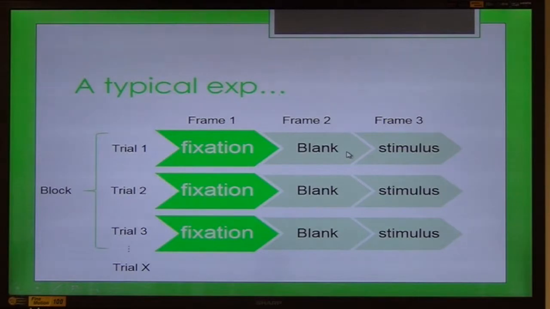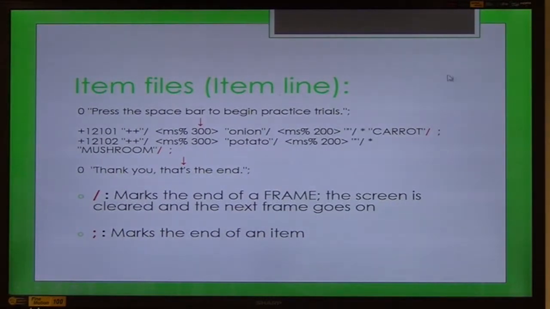In your item 9, you are going to write each of these trials and each of these frames yourself. So for example, let's take a look at these two lines. And you can see a slash here, and this symbol, this slash, marks the end of a frame. So you use a slash to separate these frames.